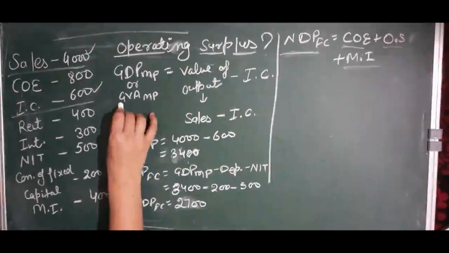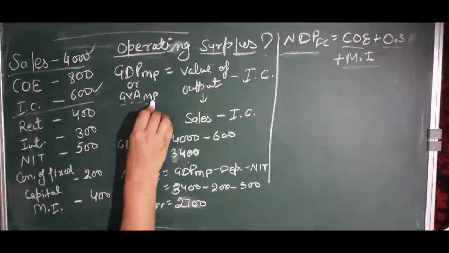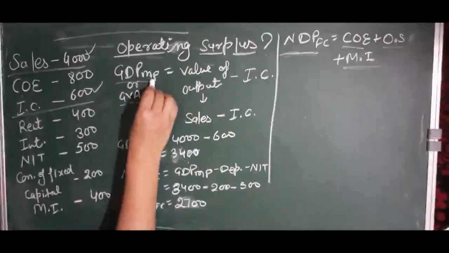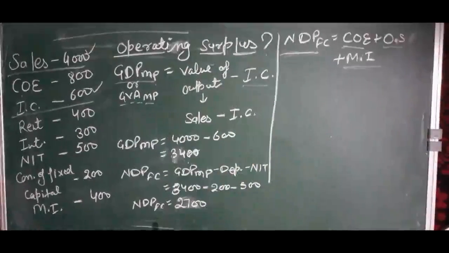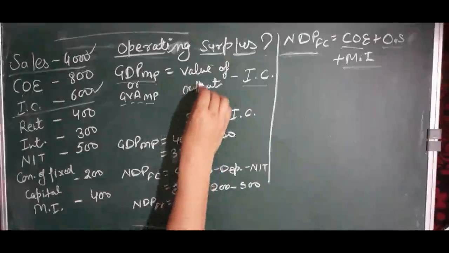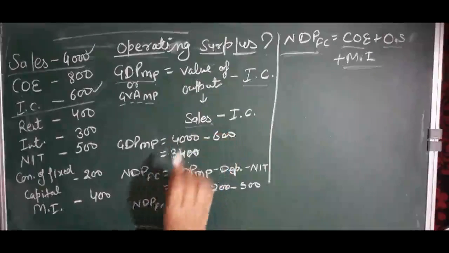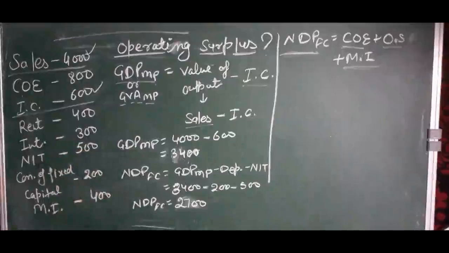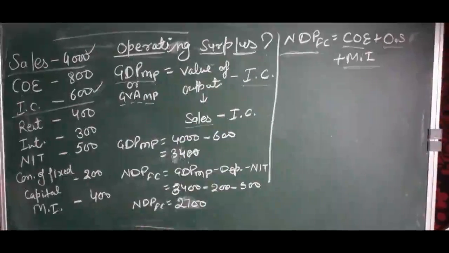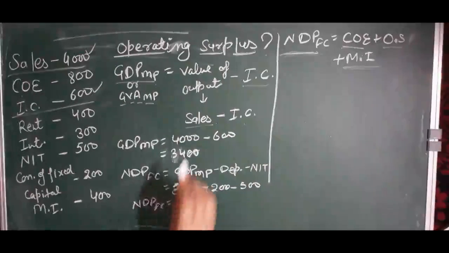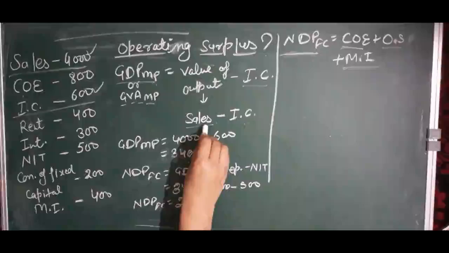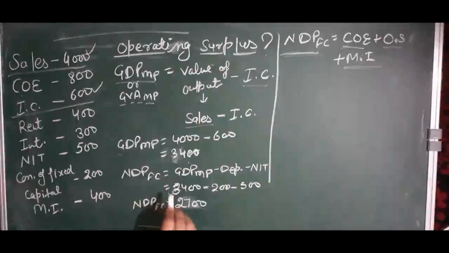Students, we know that gross value added at market price, or we can say GDP at MP, is equal to value of output minus intermediate consumption, and value of output is equal to sales, because in this question we have not been given change in stock. So sales minus intermediate consumption gives us GDP at MP.